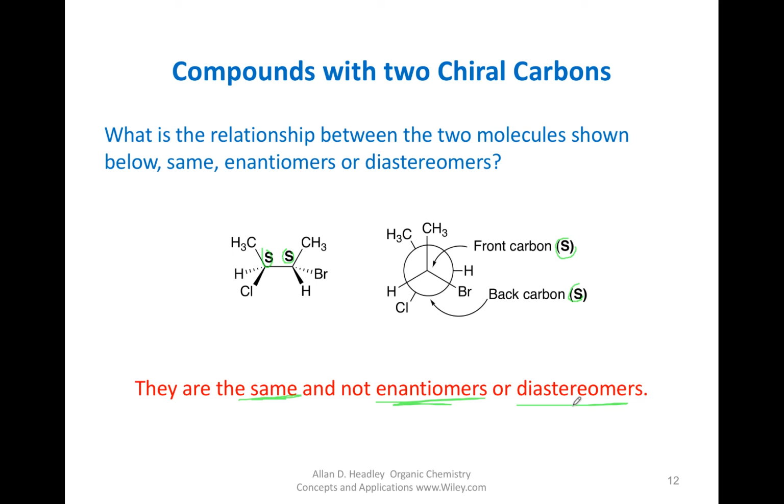Quite a few of these, for you to determine as quickly as possible. Of course, for the quiz, not as quickly, you have time, but especially for the exam, you should have by then developed that aspect of your thinking so you can quickly look at a molecule and compare it to another molecule and determine if they are the same, if they are enantiomers, or if they are diastereomers.